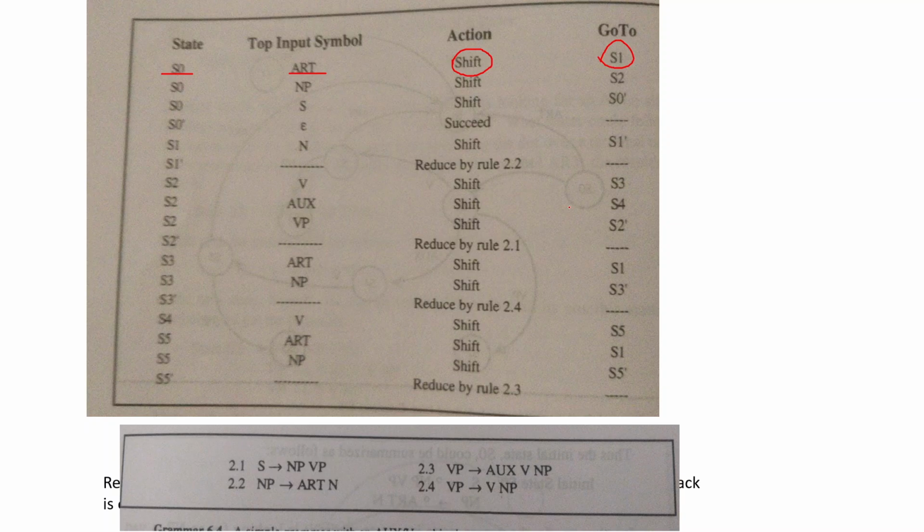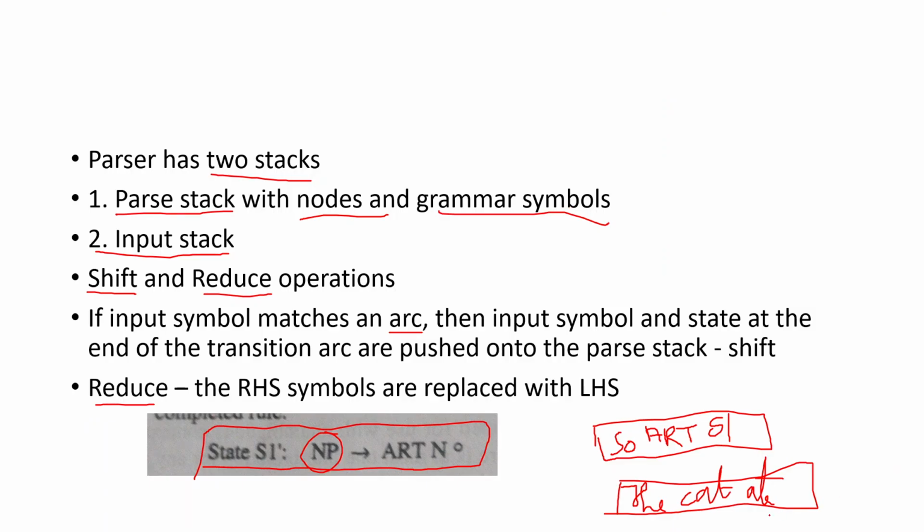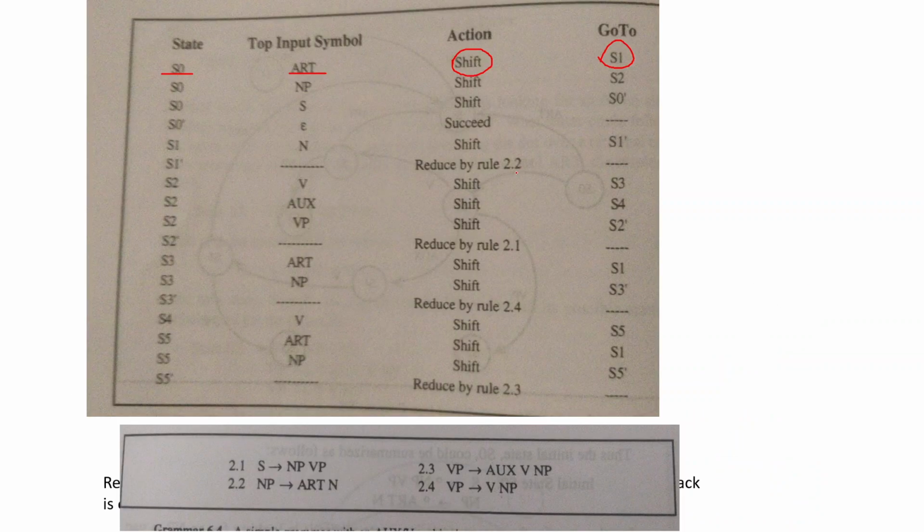That is, you shift the input, which is the article, and this says that you have transitioned to S1. In the shift operation, we shift the input onto the stack. This was an article, it is shifted. Along with that, the transition state is S1, and we push that onto the stack as well. So that is what the shift operation is.